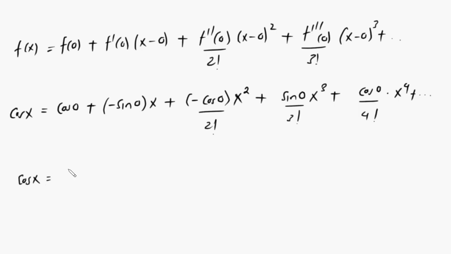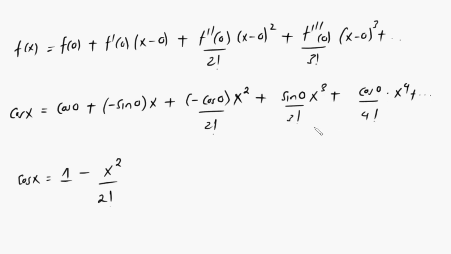So my cos x now is equal to: cos 0 is 1, sin 0 is 0, so 0 times x is 0. Negative cos 0, since cos 0 is 1, will be minus 1 times x squared, so x squared over 2 factorial. Sin 0 is 0, so that term dies.